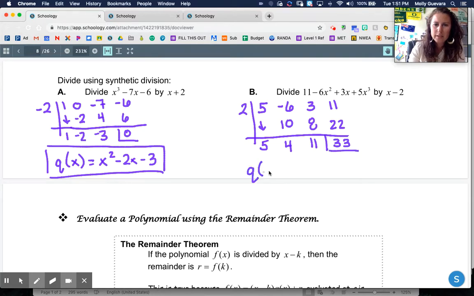So q of x equals, my highest exponent was a 3, so I'm going to start with a 2. So 5x squared plus 4x plus 11 plus 33 over what I divided by, which is x minus 2.